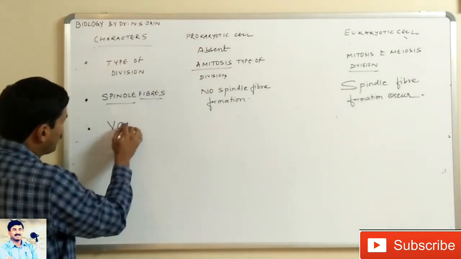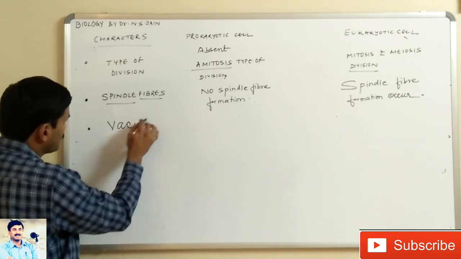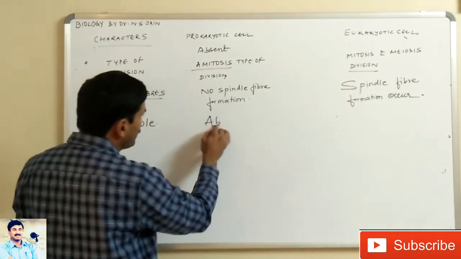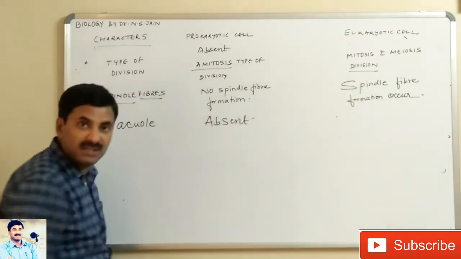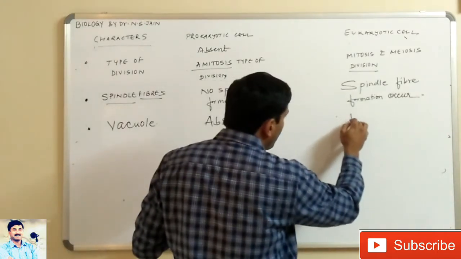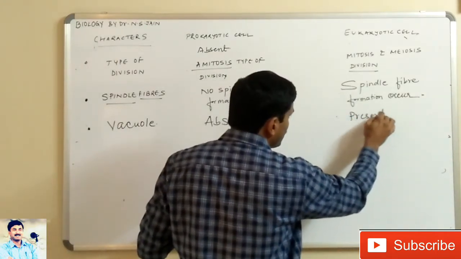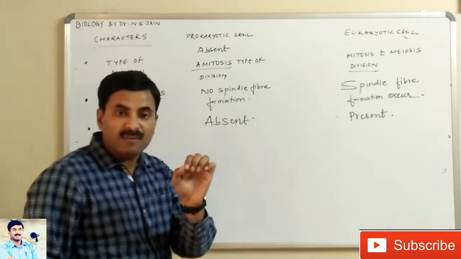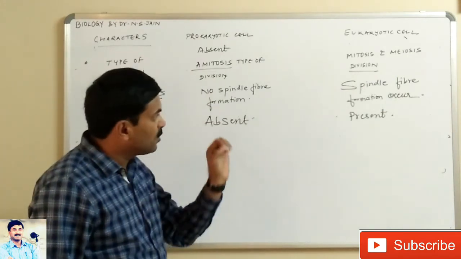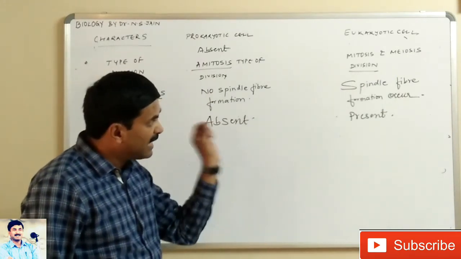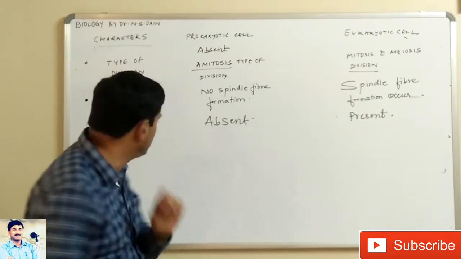If we talk about the vacuole, vacuole is absent here, while the vacuoles are present here. In a plant cell, big vacuoles are present, while in the case of the animal cell, small vacuoles are present.